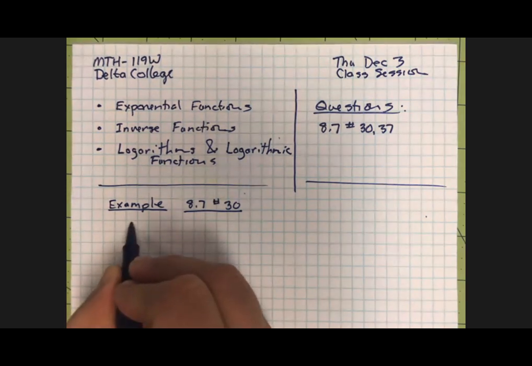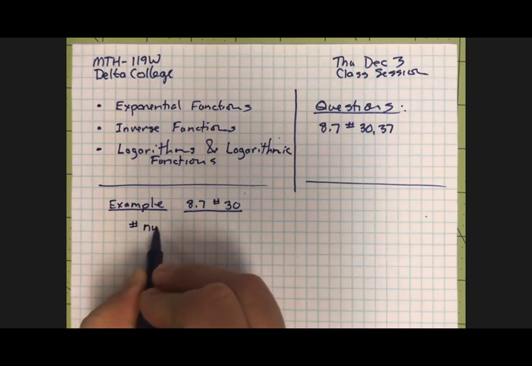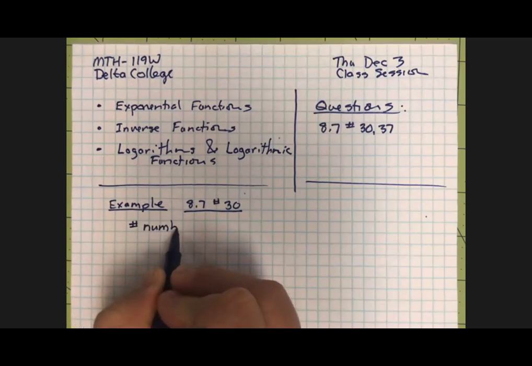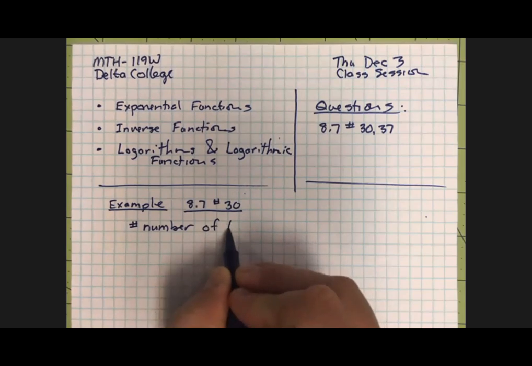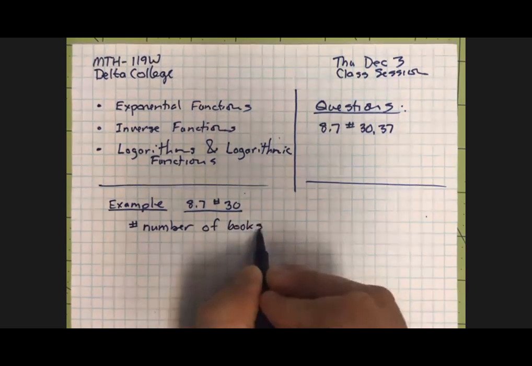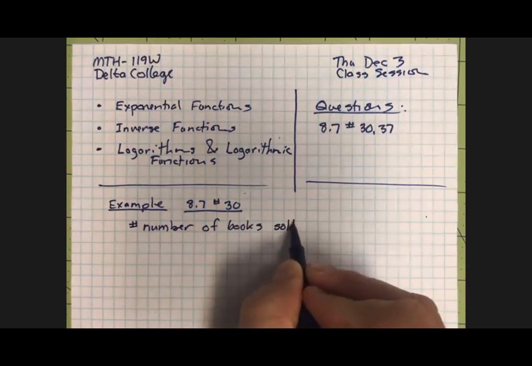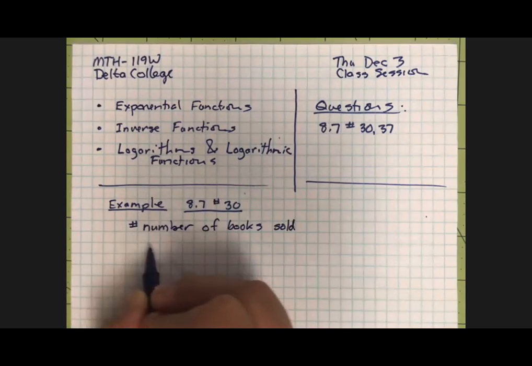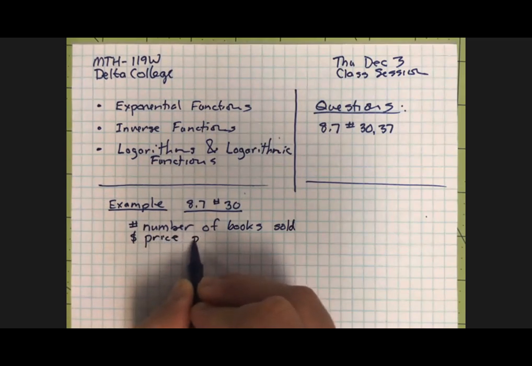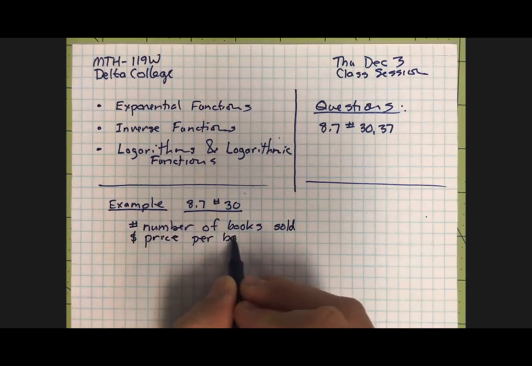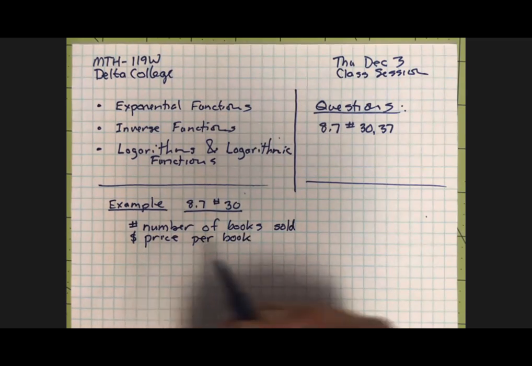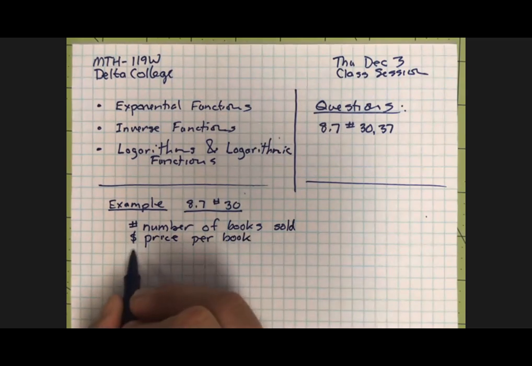So we have the number of books sold. Let's make some notes. We have the price per book. That's a dollar amount, dollars and cents.